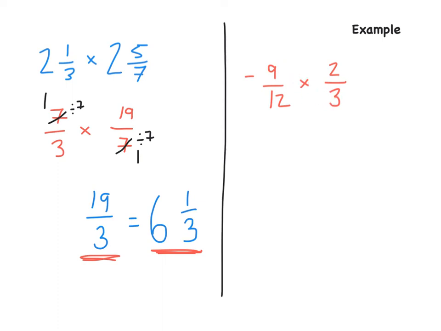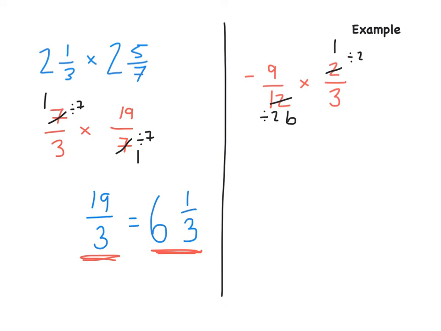So let's work with the 2 and the 12 first. The greatest common factor for those is 2. So if we divide both by 2, 2 divided by 2 is 1. 12 divided by 2 is 6.